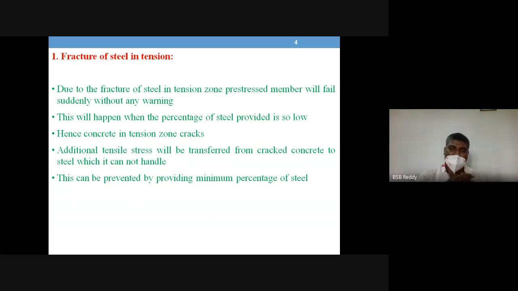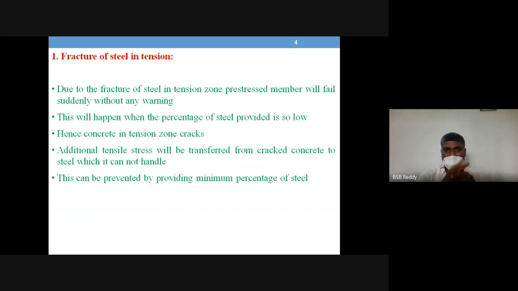I'm comparing with what you have studied in RCC. You have studied three types of members in RCC. One is the under-reinforced concrete beam, the second is the balanced section, and the third is the over-reinforced concrete beam.